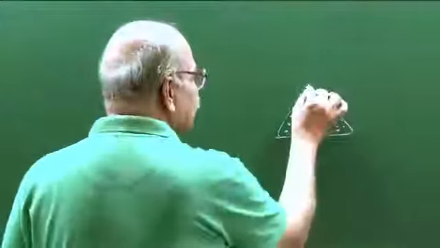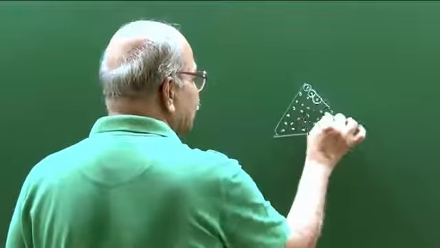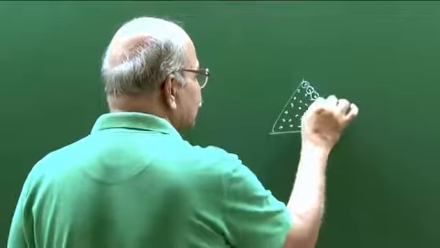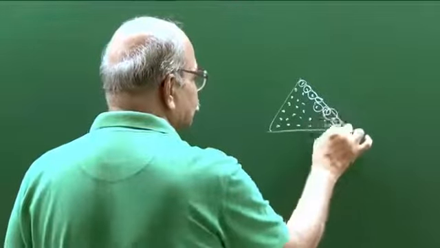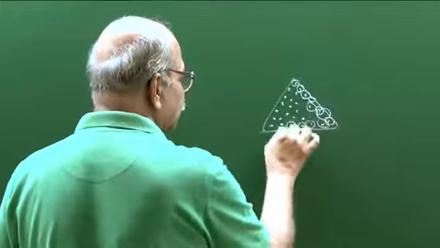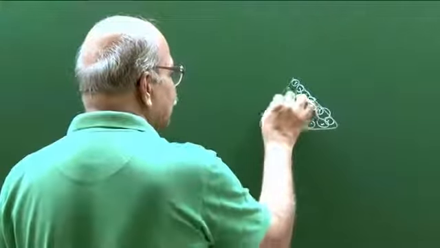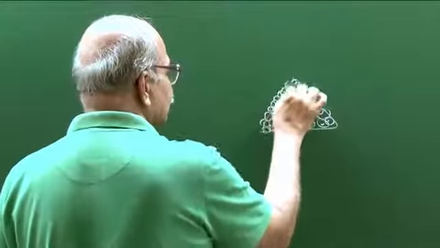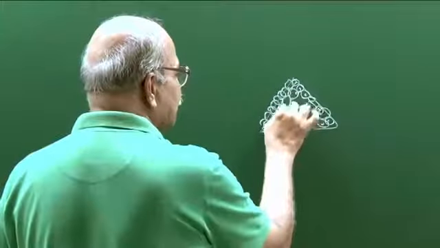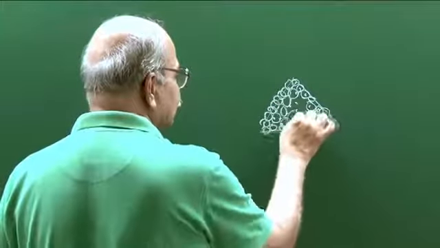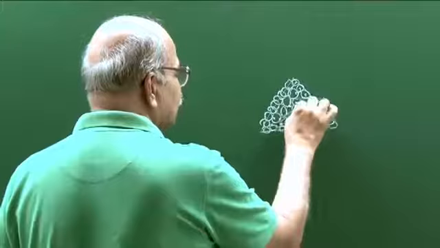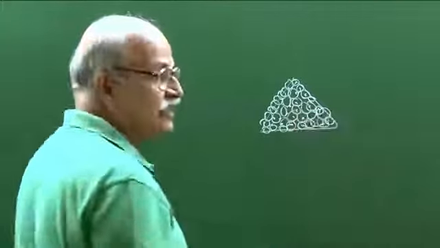So you have a disc like this, a disc like this, a disc like this, and so on. So all this will be there. From each point you make circular discs, but then that triangular shape is still maintained.